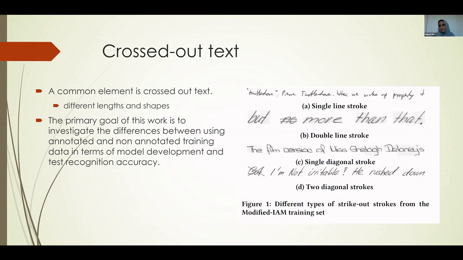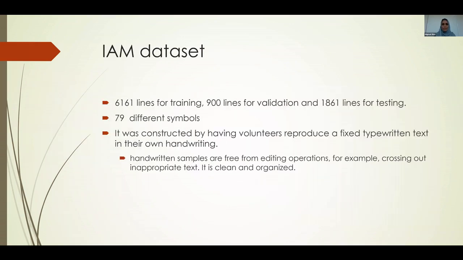The primary goal of this work is to investigate the differences between using annotated and non-annotated training data in terms of model development and test recognition accuracy. For this purpose, we have used the IAM dataset. The IAM dataset consists of three predefined sets: training, validation and testing.